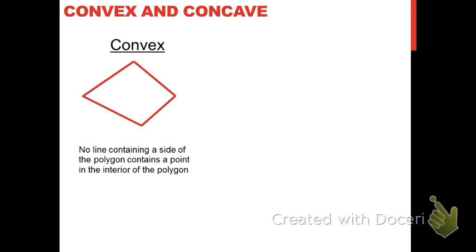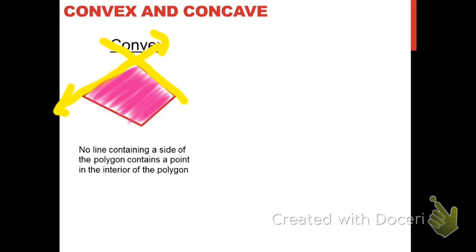Now, what in the world is a line that contains a side of the polygon? Well, if you were to extend this side of the polygon, right there is the line that contains it. And that line does not contain any points in the interior of the polygon, which is what I'm shading right now. And it doesn't matter which side you extend, because that's really what we're doing, is extending the sides.